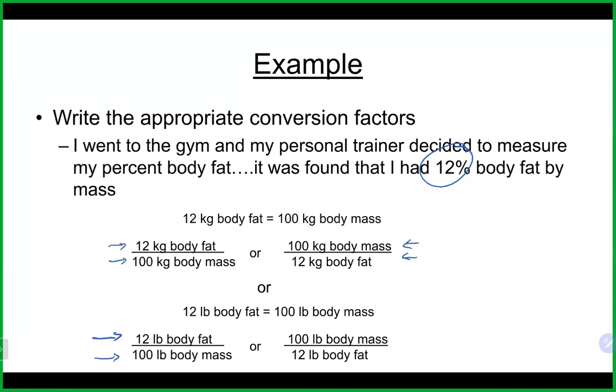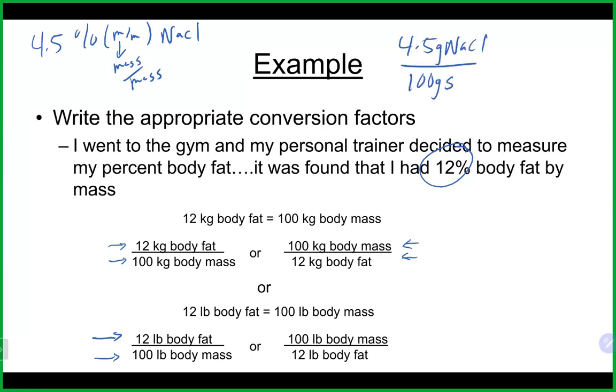So for example, if you had a 4.5% by mass solution of sodium chloride, M to M means basically mass to mass. What that would mean is you have 4.5 grams of sodium chloride in 100 grams of solution.